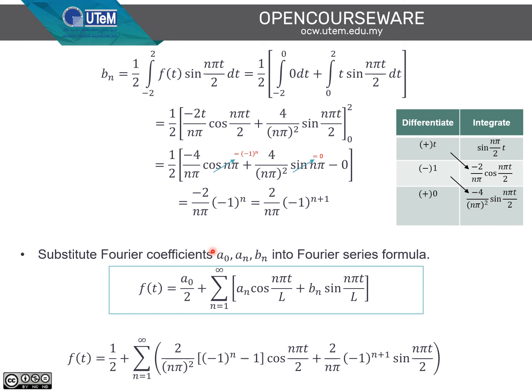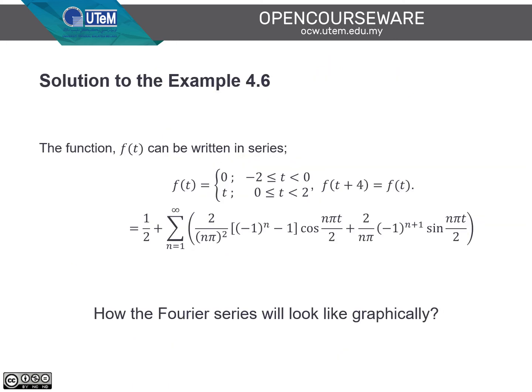I'll see you again in the next example. The function f(t) can be written in series. f(t) equals 0 when t is from minus 2 to 0, and f(t) equals t when t is from 0 to 2, with a periodic function of period 4 equals this expression.